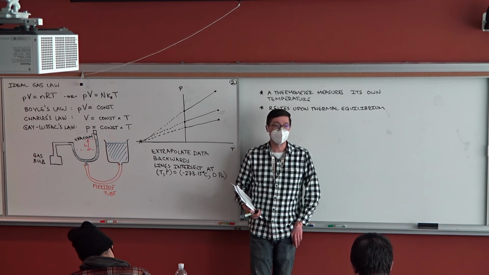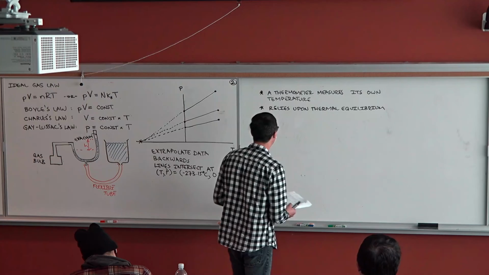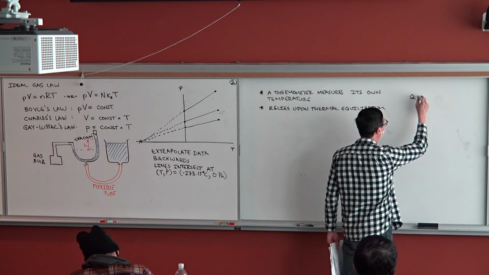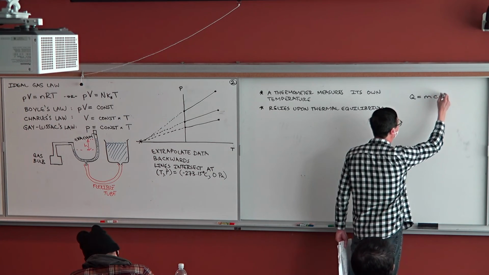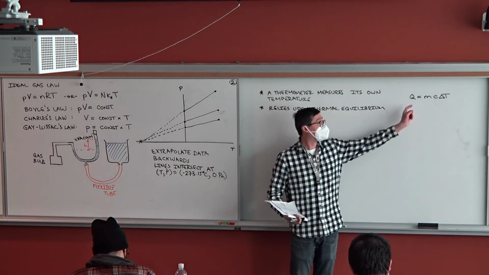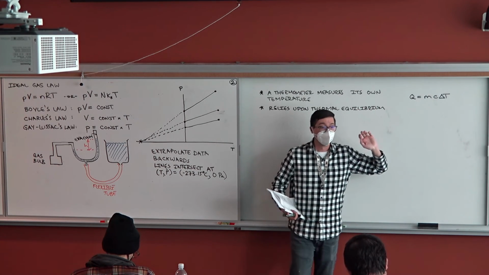So that's also on our list of things to be seen soon. But I'm going to give you that Q is going to go as mcΔT, where Q is the energy absorbed as heat.